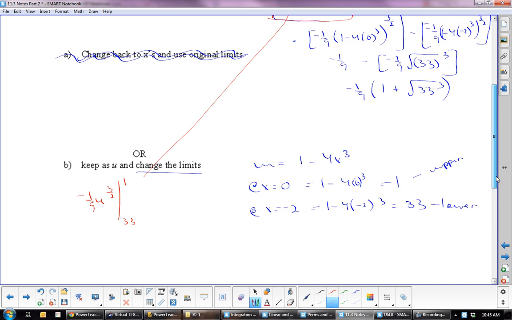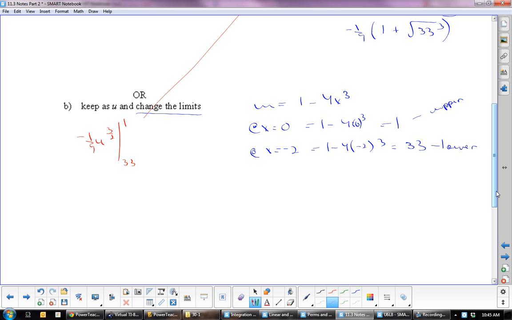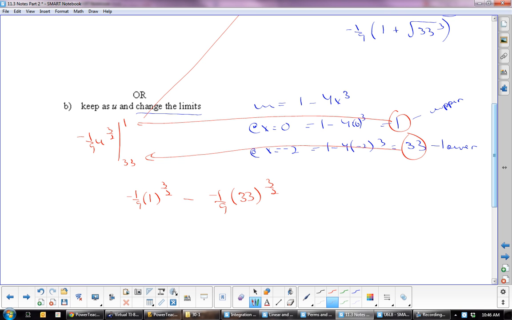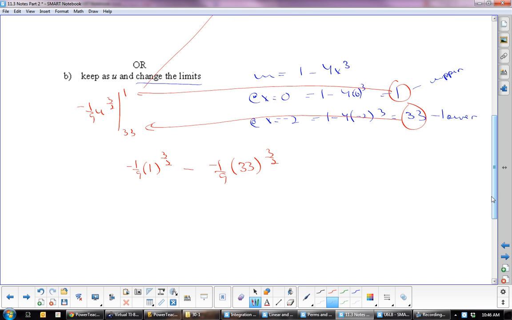So I took care of the u by putting into 1 minus 4x cubed. I put my upper and lower in there and then got new upper and lower. And then you just have to do negative 1/9 times 1 to the 3 over 2 minus negative 1/9 times 33 to the 3 over 2. And you'll get the same thing.